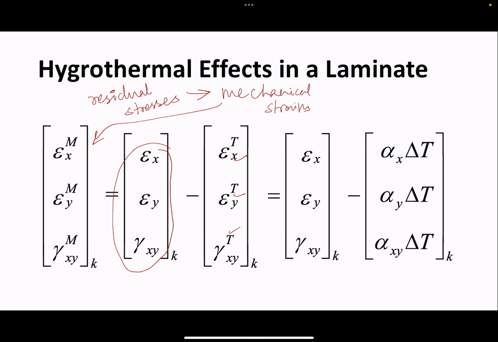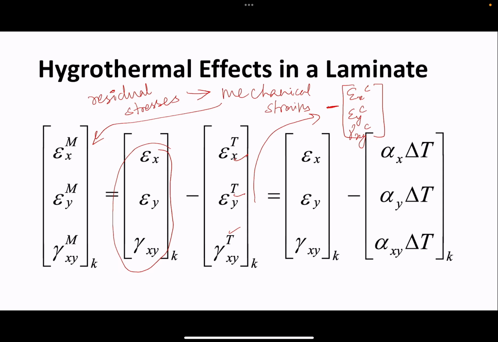Just look it up so that I don't make a mistake. So in here you can additionally subtract epsilon xc, epsilon yc, and gamma xyc, which are the moisture terms. So if you have the moisture strains, you subtract those also. Whatever is remaining gives you the mechanical strains, right?